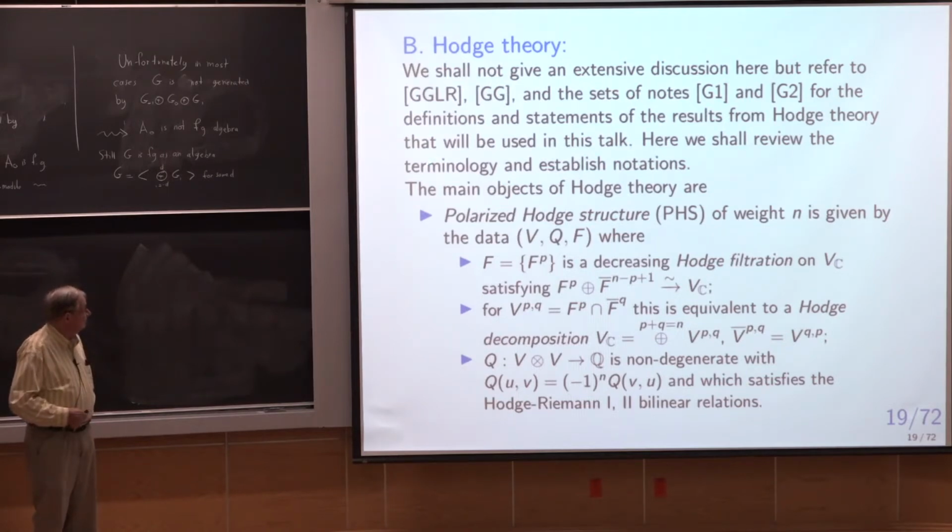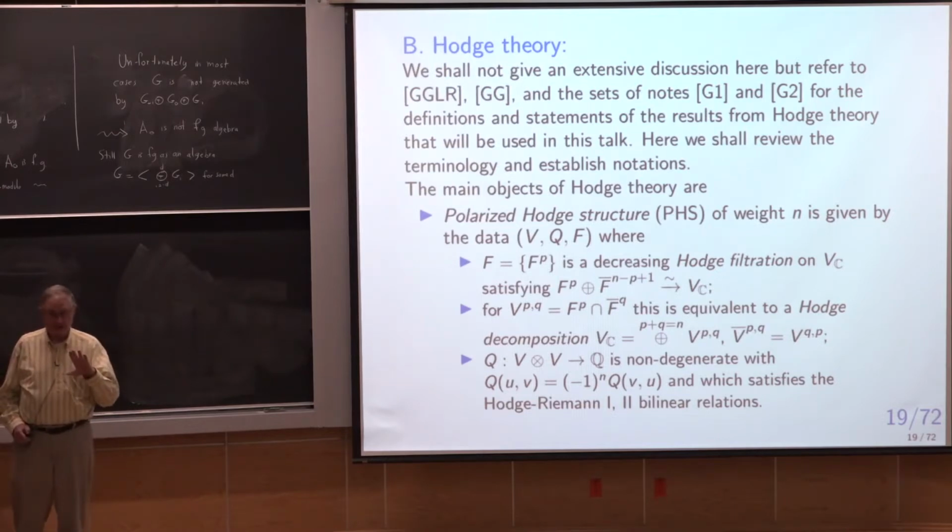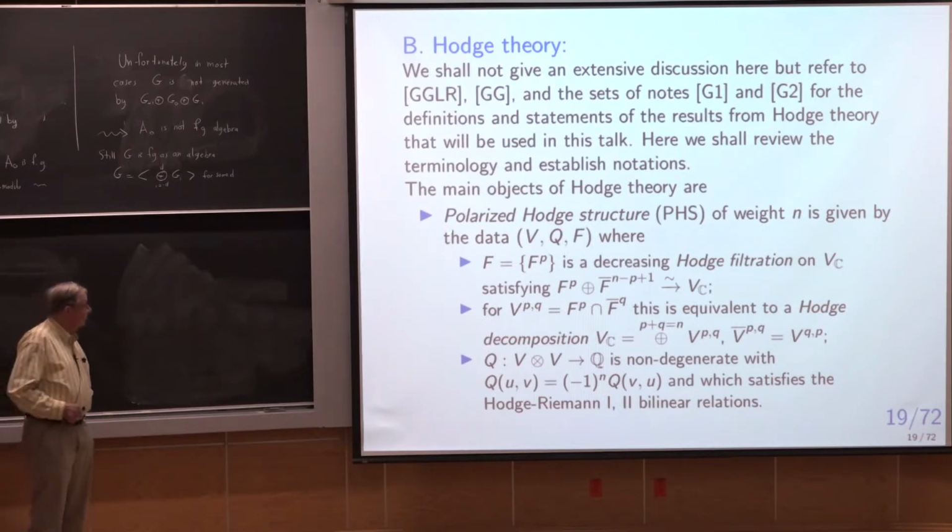From Hodge theory, I'm just going to list the objects and say how those objects arise geometrically. So a polarized Hodge structure of weight n, it's linear algebra data. It's given by a Q vector space, a bilinear form, and a decreasing Hodge filtration on the complex vector space, satisfying this condition.